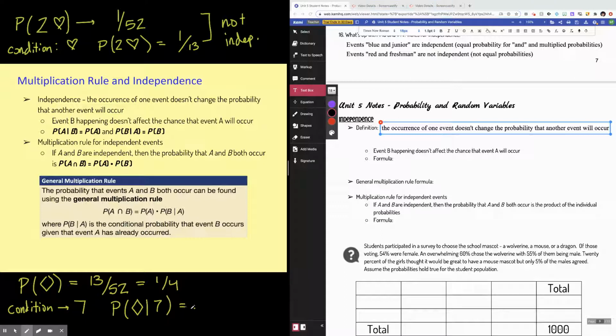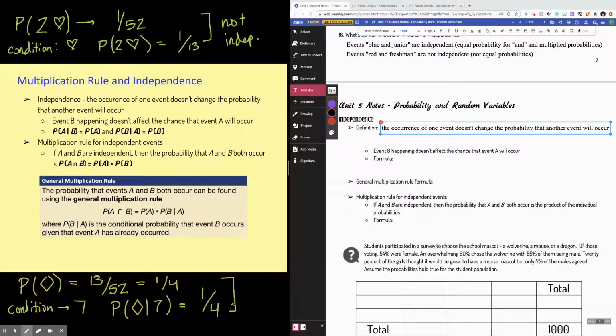Well, there's only 4 sevens in the deck: the 7 of hearts, 7 of diamonds, 7 of spades, and 7 of clubs. And there's only one of those 4 cards that is a diamond if I already knew it was a 7, right?